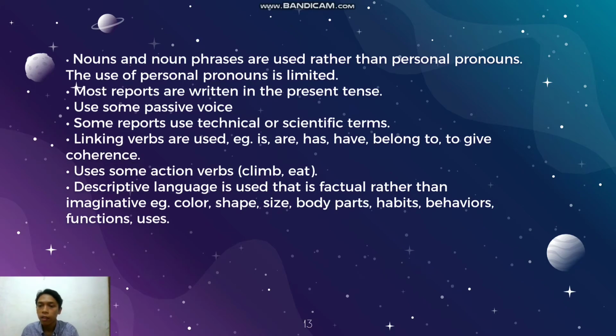Next, linking verbs are used, for example is, are, has, have, belong to, to give coherence. Then some action verbs are used, and descriptive language is used that is factual rather than imaginative, for example color, shape, size, body parts, habits, behaviors, function, and use.